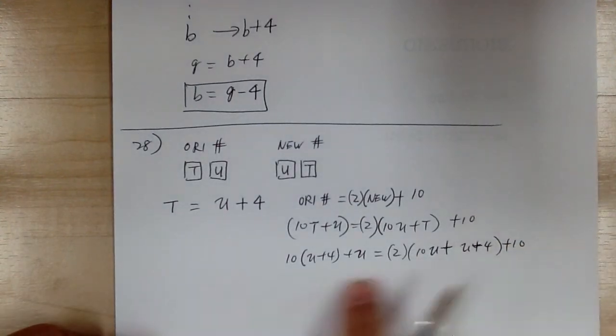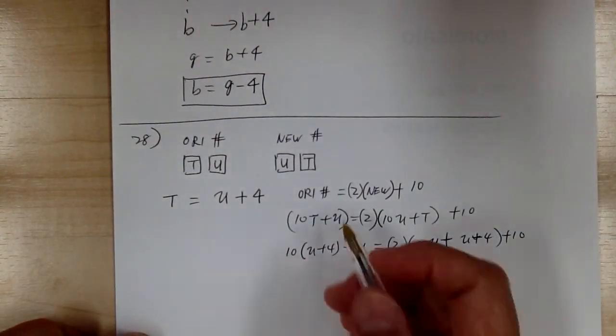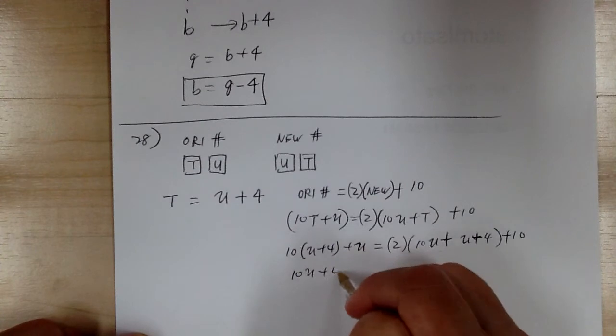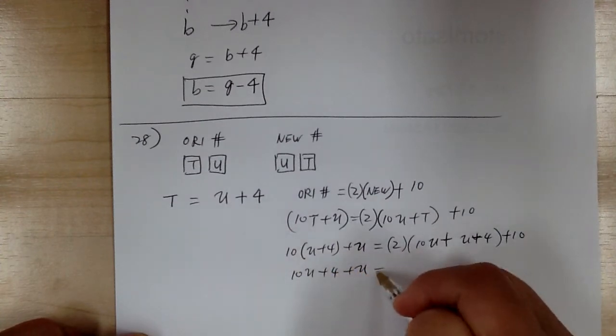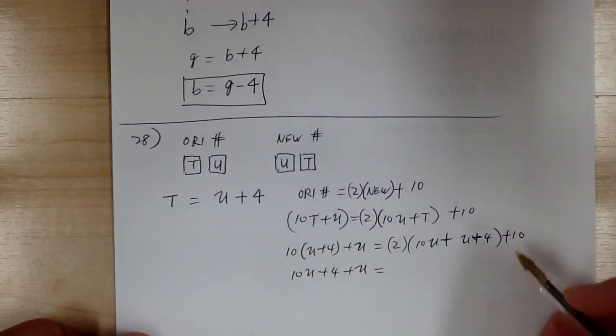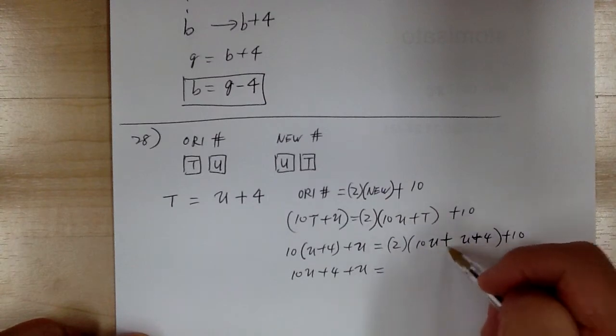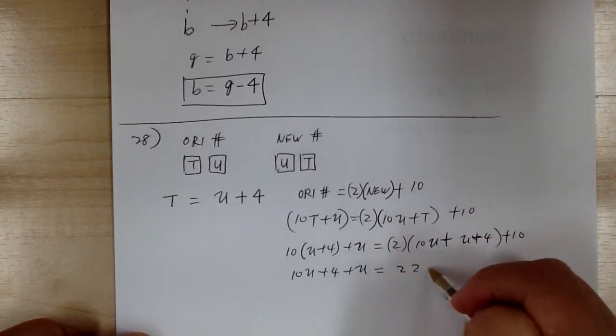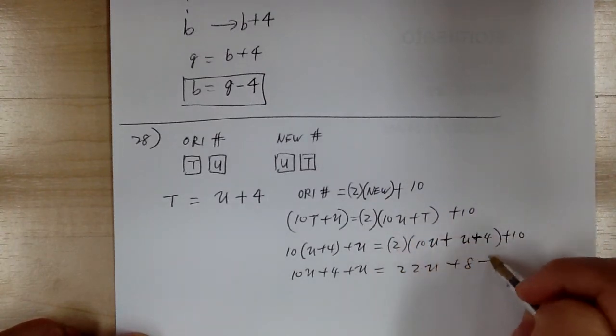Okay. So now just work everything out. So multiply, so you got 10u plus 4 plus u equals, now this is going to be 11u, so 11u times 2 would be 22u plus 8 plus 10.